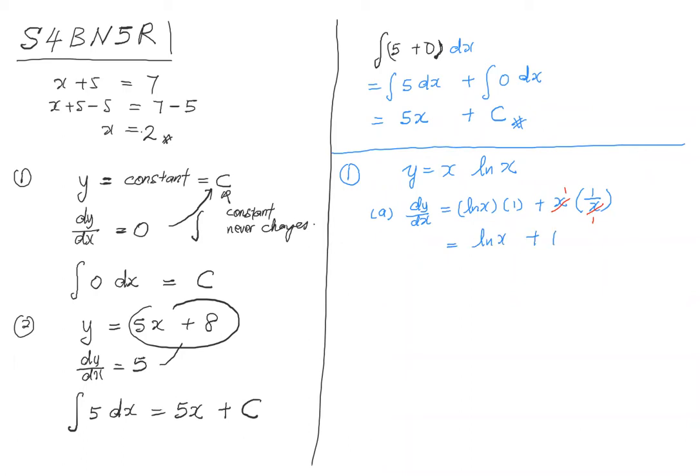Okay, so we have to bear in mind for part B, am I right? The moment they say hence, we are not going to look at what they want us to integrate. So we always have to start from here. So if I integrate this, what will the result be?